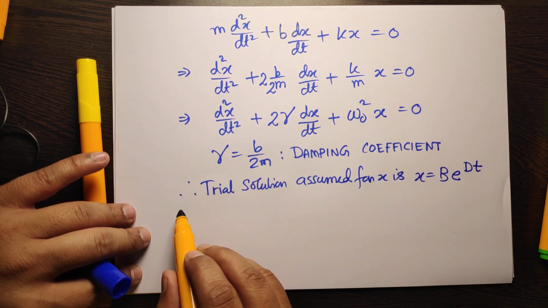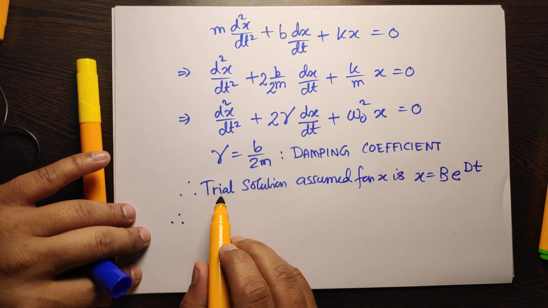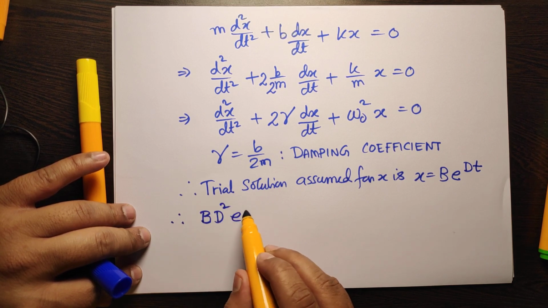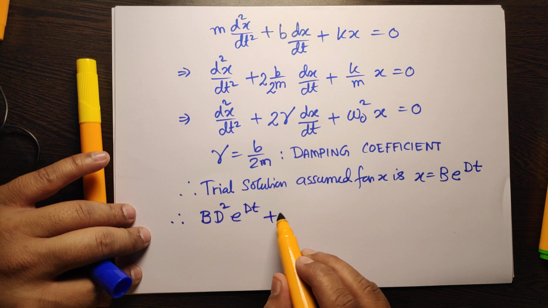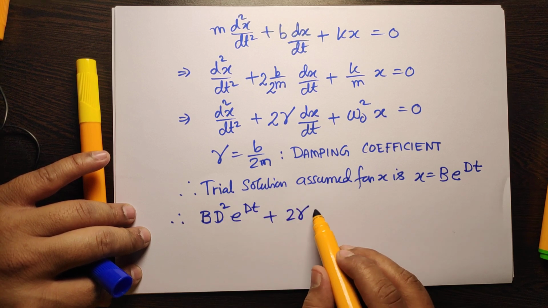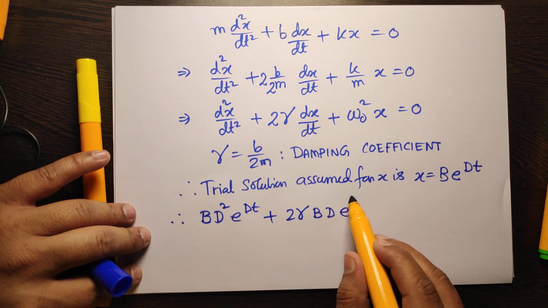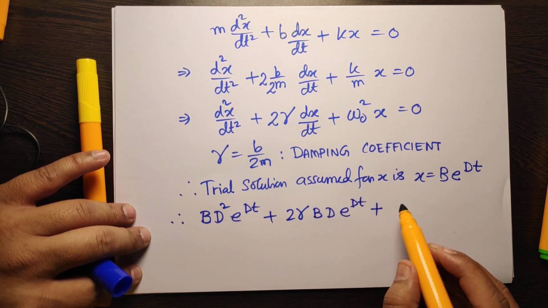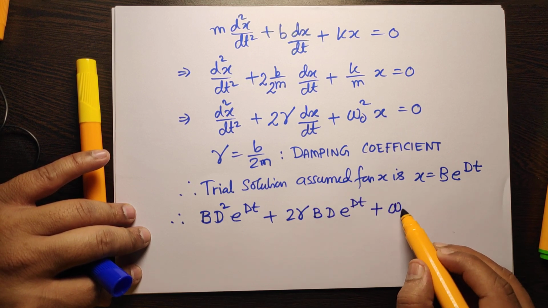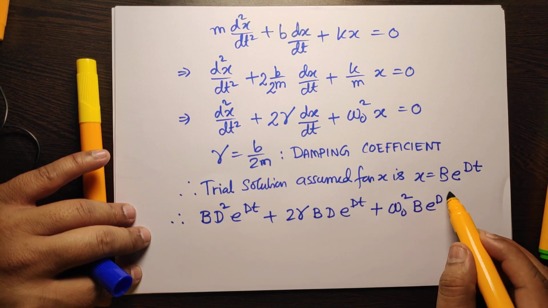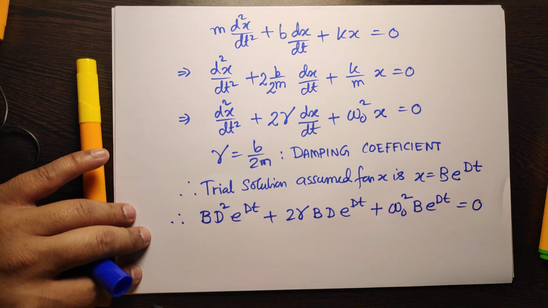If you differentiate it twice and put it here, you get b D square e to the power Dt plus 2 gamma b D e to the power Dt plus omega naught square b e to the power Dt equal to 0.